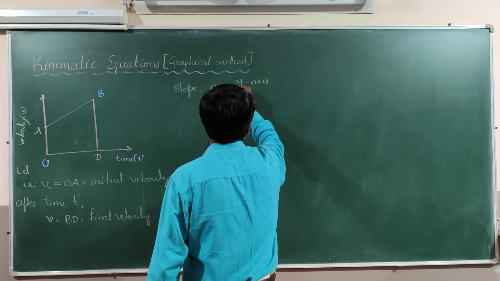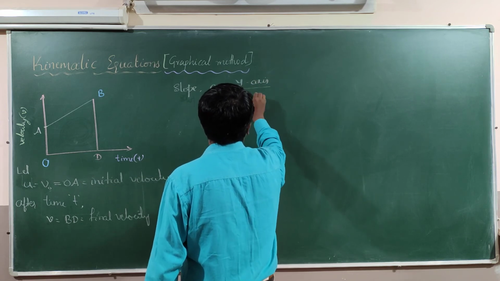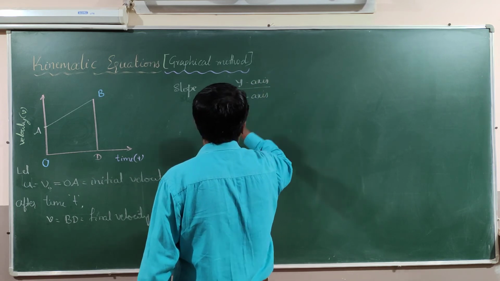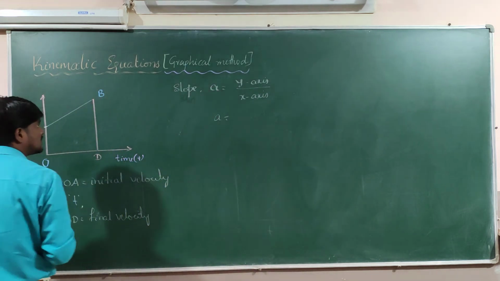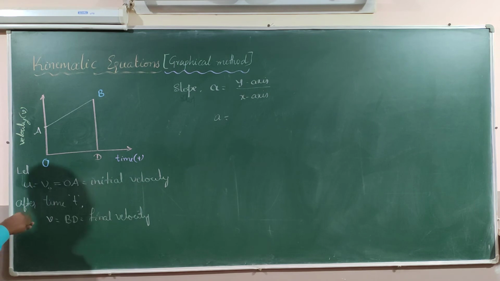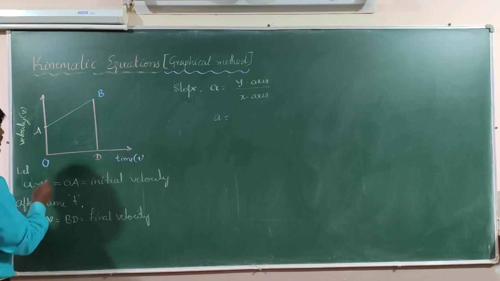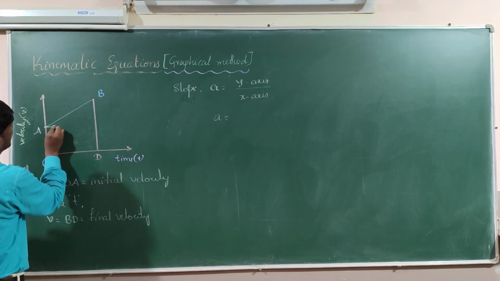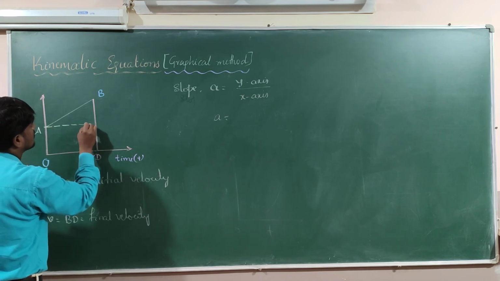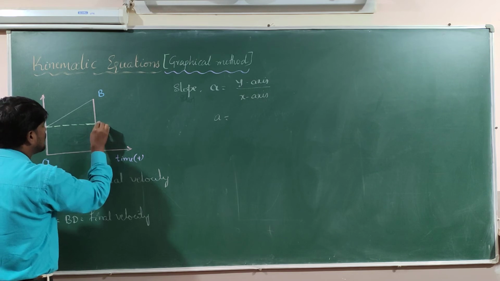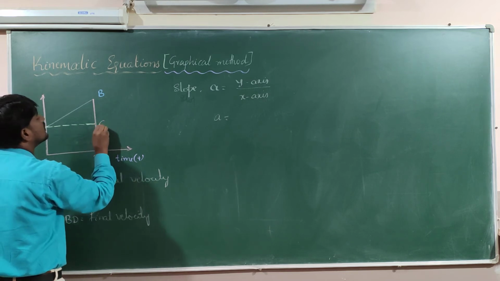This is a fundamental equation always. I will write a as this. So in the y-axis, I will draw a line parallel to the final velocity. Look at this now. It is now reaching the point C.